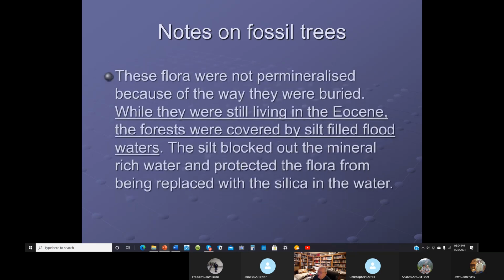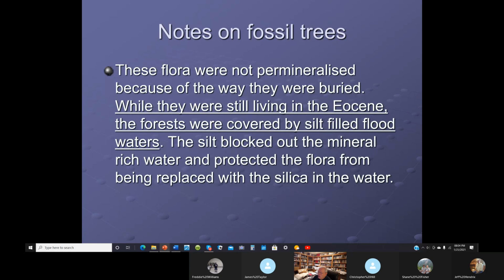All right. These flora, now fauna and flora, fauna is animals and flora is plants, are not permineralized. That is, they're not made into fossilized wood.